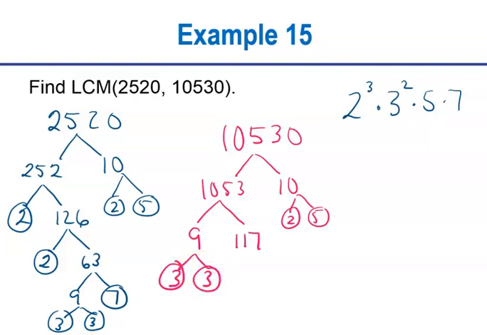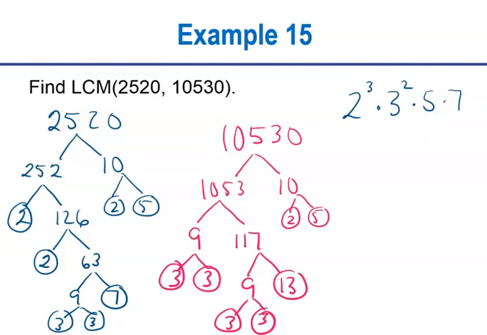Okay, so 117, I noticed pretty quickly, 1 plus 1 is 2 plus 7 is 9. So 117 also divides by 9. So it's going to be 9 times 13. And 13 is prime. I'm glad we found that. And then 9 breaks down into 3 times 3. So there's our completed factor tree.